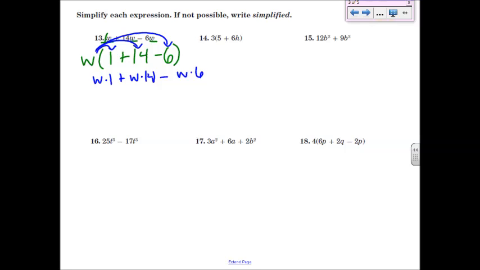Well, when I rewrite that all, I'd just have W, I'd leave the 1 off, plus 14W minus 6W. So you can see that we haven't changed it at all here. We've just rewritten it in a way that's going to be more convenient for us.